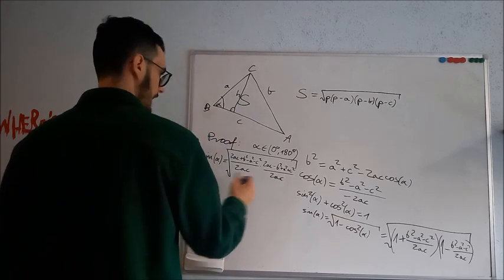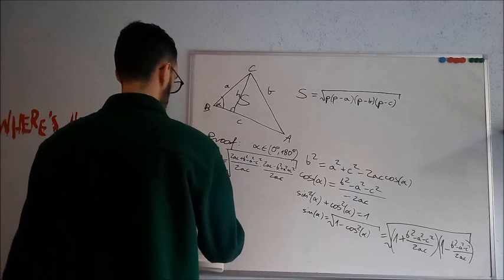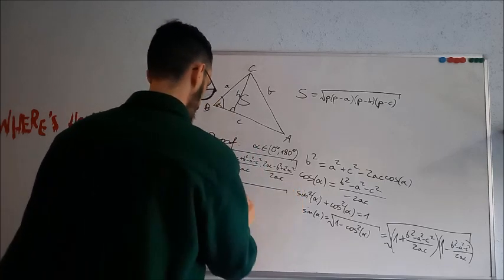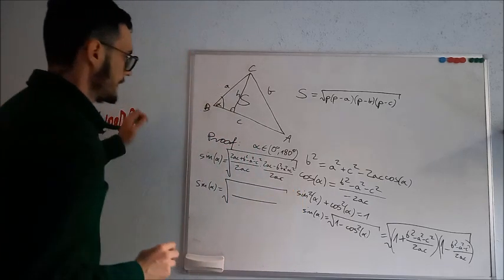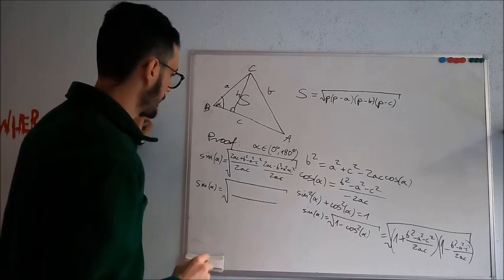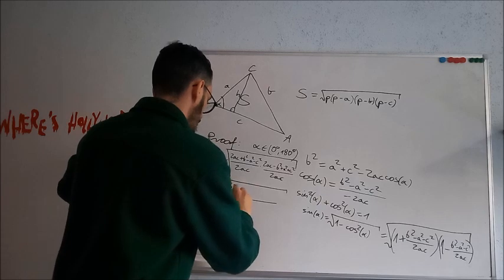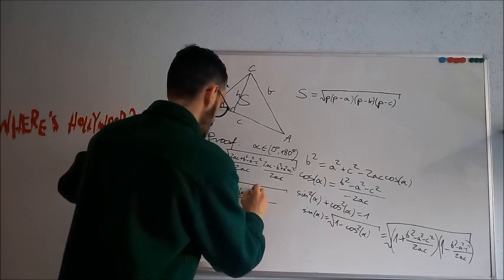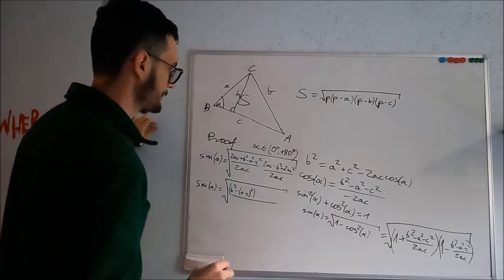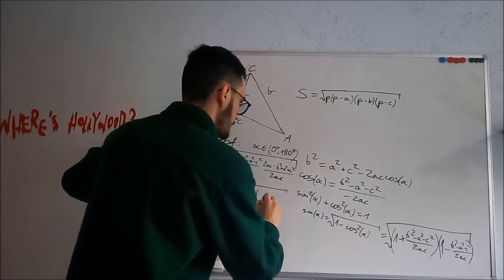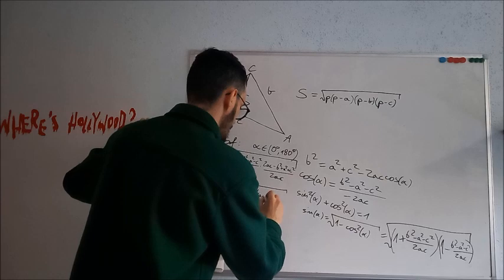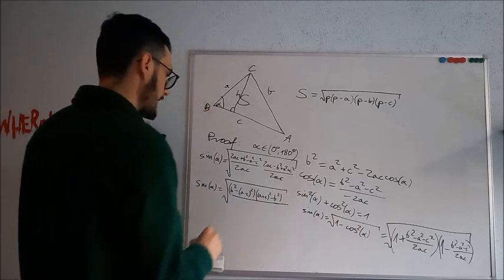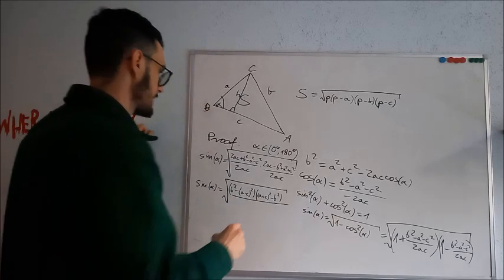Okay, so our sine alpha is the square root of b squared minus (a minus c) squared times (a plus c) squared minus b squared, over 4a squared c squared.